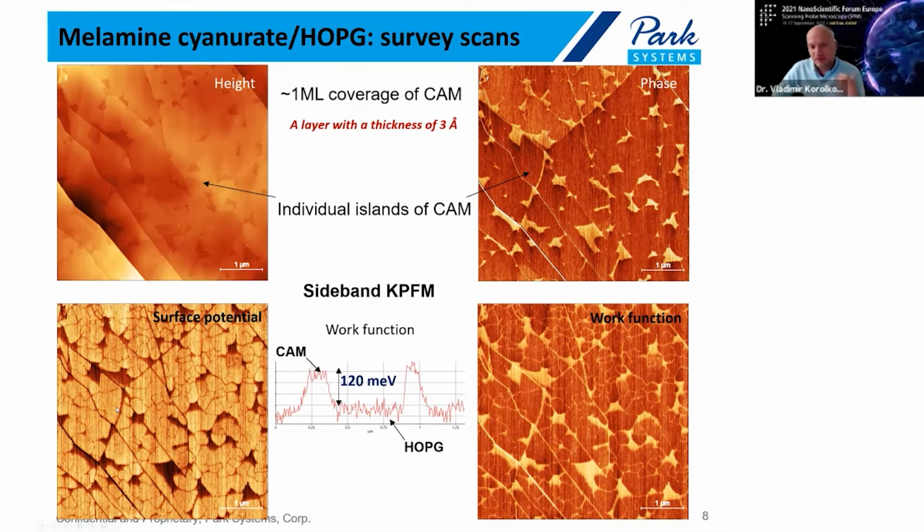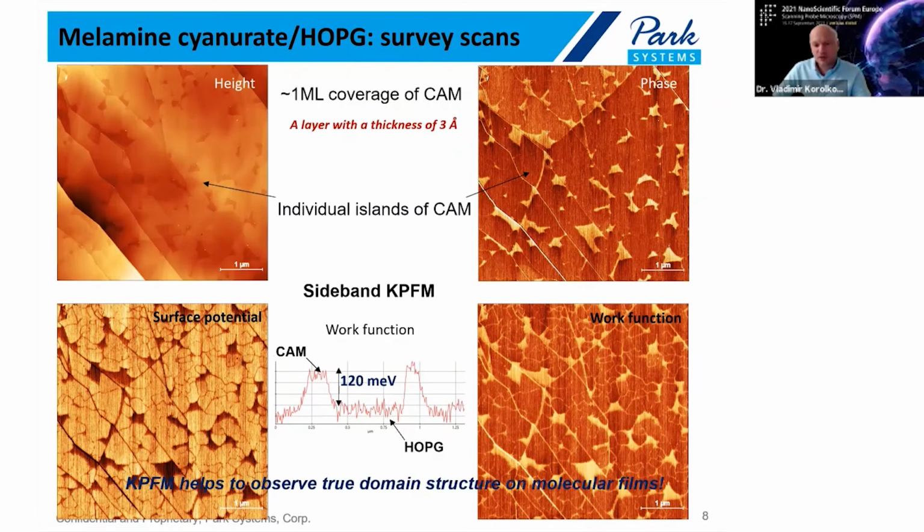In the KPFM, either surface potential or work function, we can get really beautiful domain boundaries between those molecular layers. And we can even see the work function difference between the molecules and the surface, which is around 120 millivolts. Okay, so these are large scale images. What about the structure?